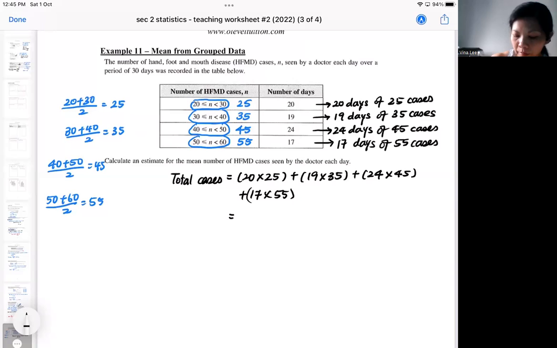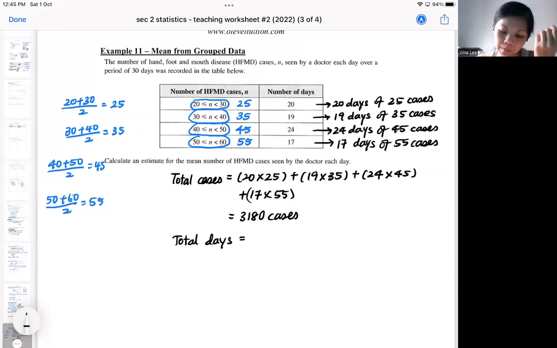I'll get the number of cases. And then I also need the number of days. The number of hand, foot, mouth cases seen by a doctor each day.